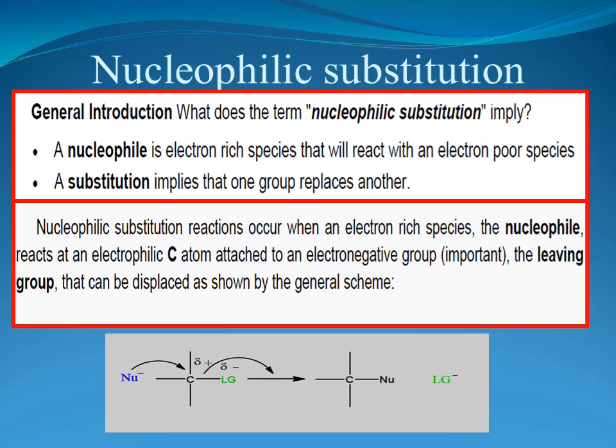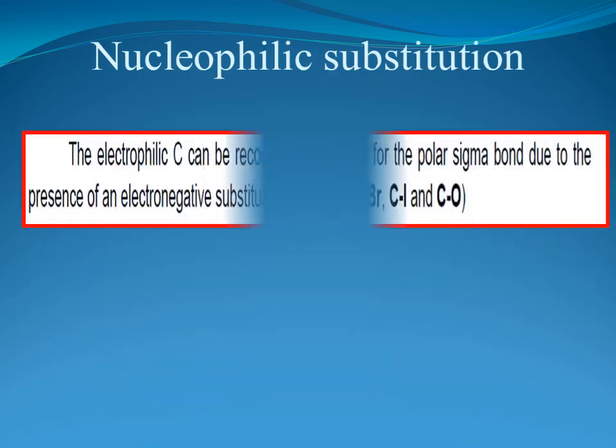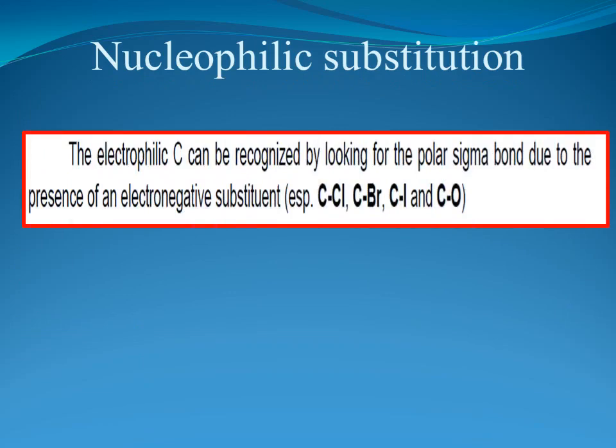Now students, how do we know which carbon is electrophilic? The electrophilic carbon can be recognized by looking for a polar sigma bond due to the presence of an electronegative substituent. For example, C-Cl, C-Br, C-I and C-O. You can see that in all of these examples, the carbon atoms are attached to an atom which is electronegative.